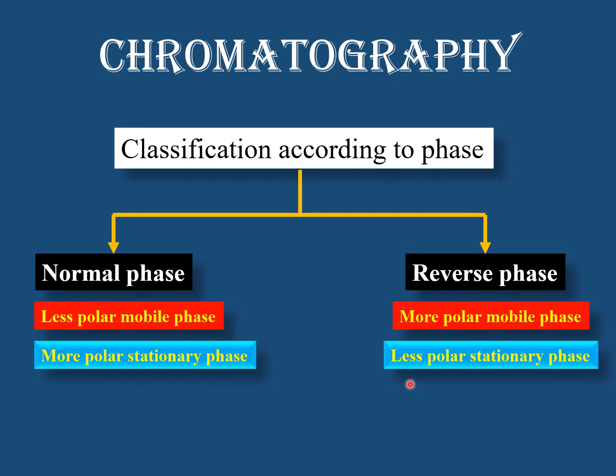That could be a C18 silica, also known as RP silica, reverse phase silica, which usually is non-polar because a long chain of hydrocarbon is attached to the silica. Like for example, in C18 silica, an 18 carbon chain is attached to silica that reduces its polarity.